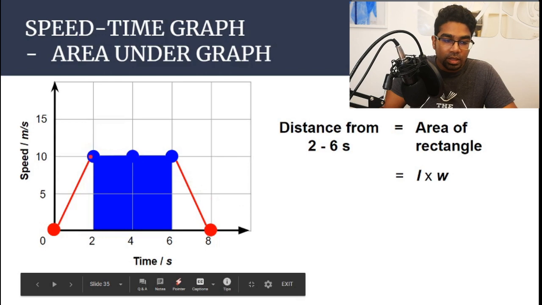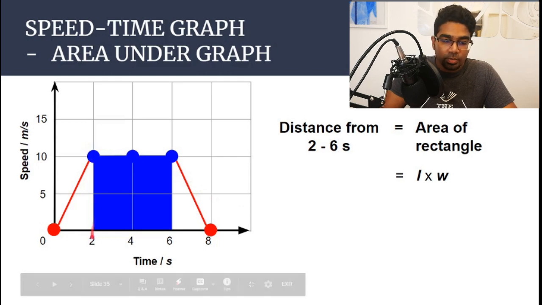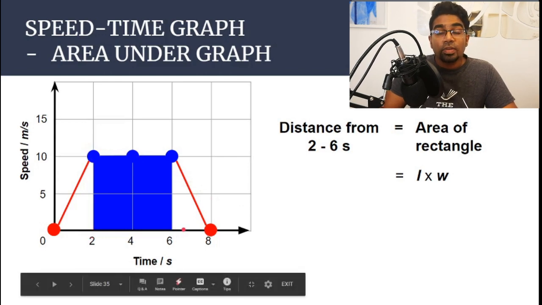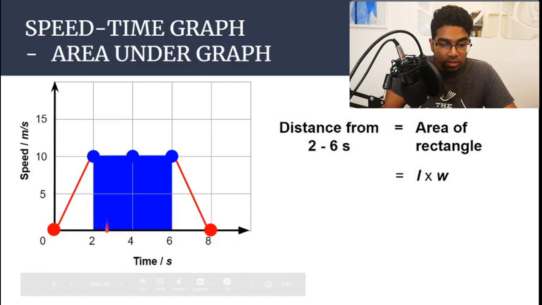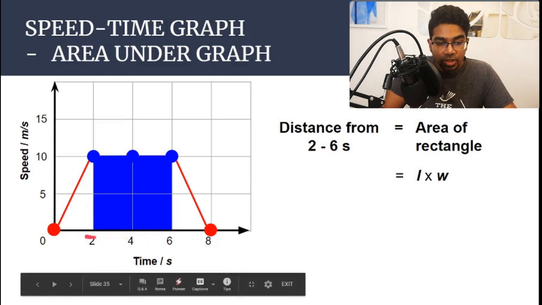How about if I wanted to find the distance from 2 to 6 seconds? In a speed time graph, again we have to use the area under the graph. This shape here is a rectangle. The reason I say rectangle is because the scale is different. This is 2 units and this is 5 units. To get the area of this shape, we take the length multiplied by the width.